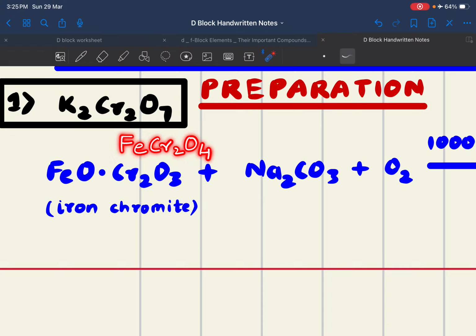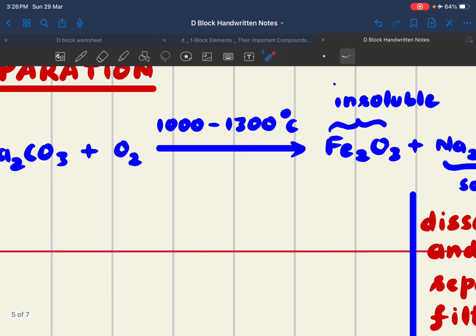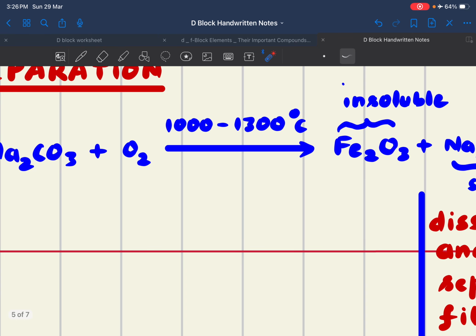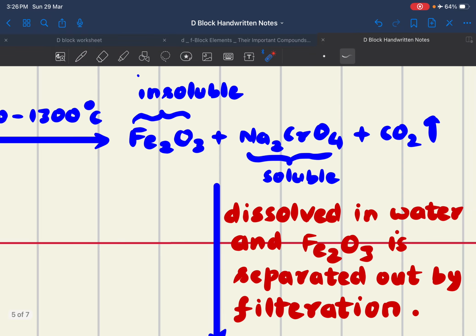That is also correct. We react it with sodium carbonate along with oxygen, and we heat it around 1000 to 1300 degrees Celsius. This results in the formation of Fe2O3 and Na2CrO4, sodium chromate, and carbon dioxide gas is released.